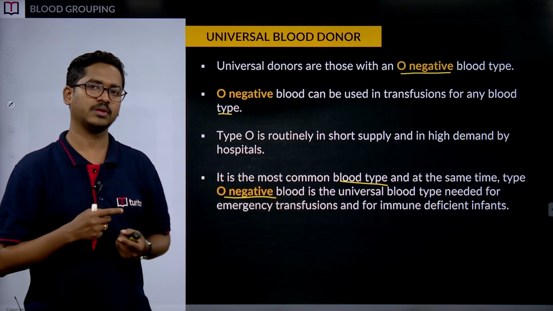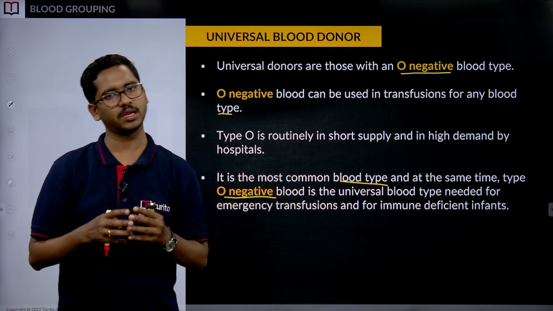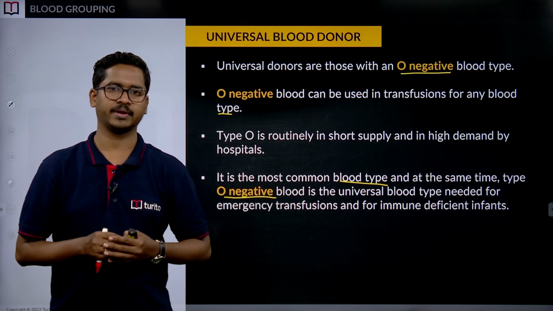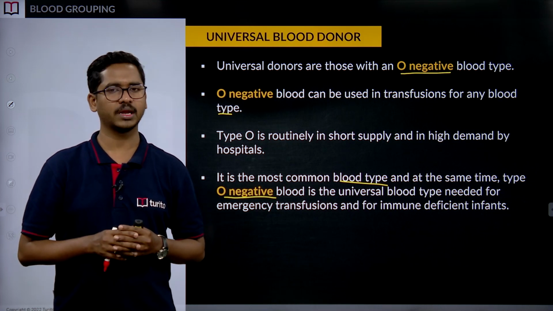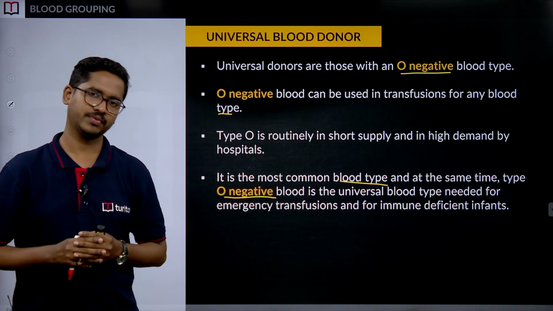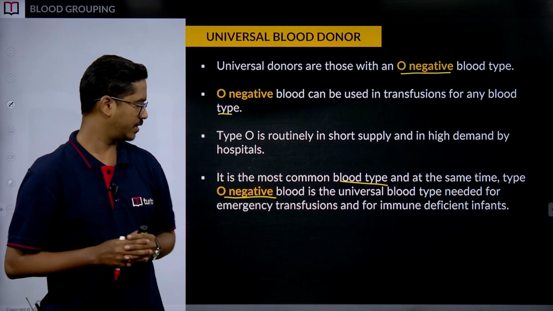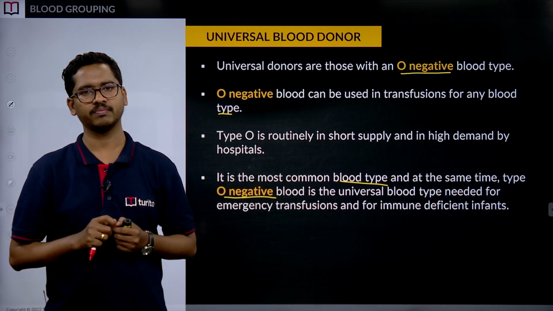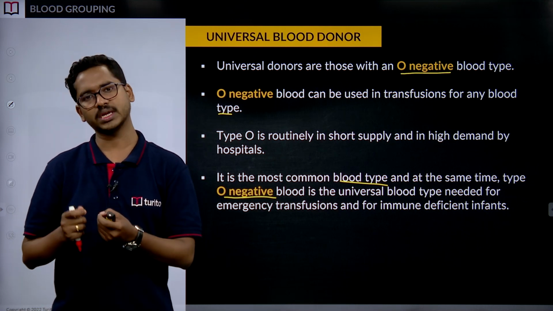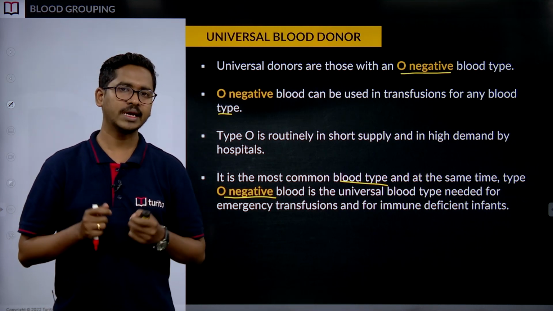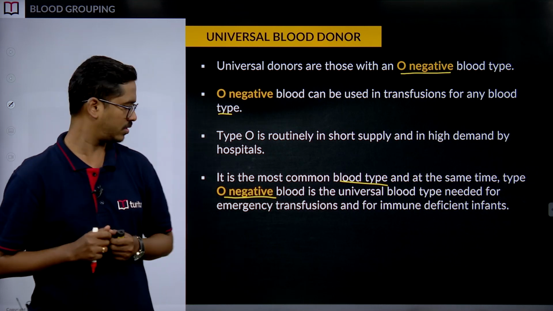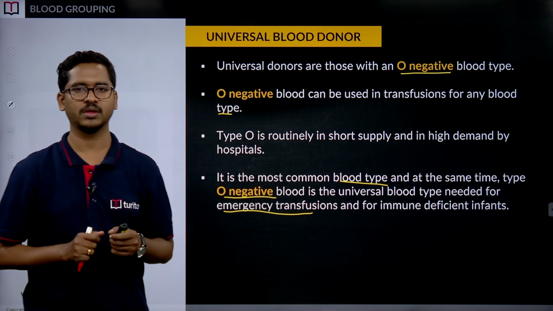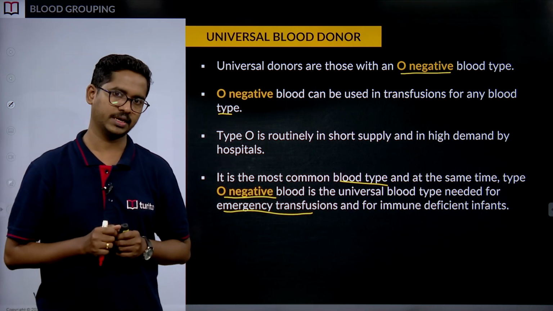If a person has a medical emergency, met with an accident, or something has happened where the medical condition requires blood, the person can be given O negative, because if sufficient blood is not given, the person may die. That is what medical emergencies refer to here. So, emergency transfusions are one such important need.